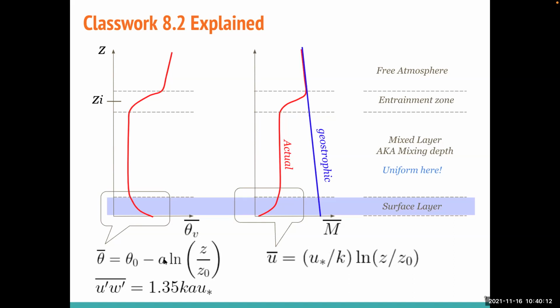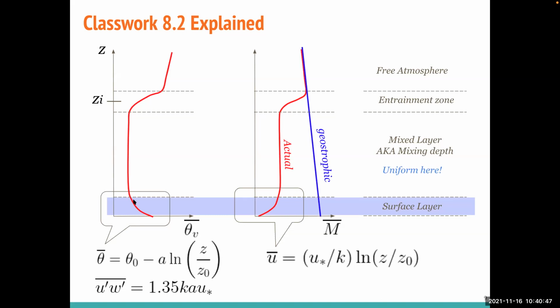And we asked you to express the flux in terms of height, and it turns out that it doesn't depend on height, right? So why do we have a changing profile for the potential temperature, but the heat flux is not depending on the height, right?